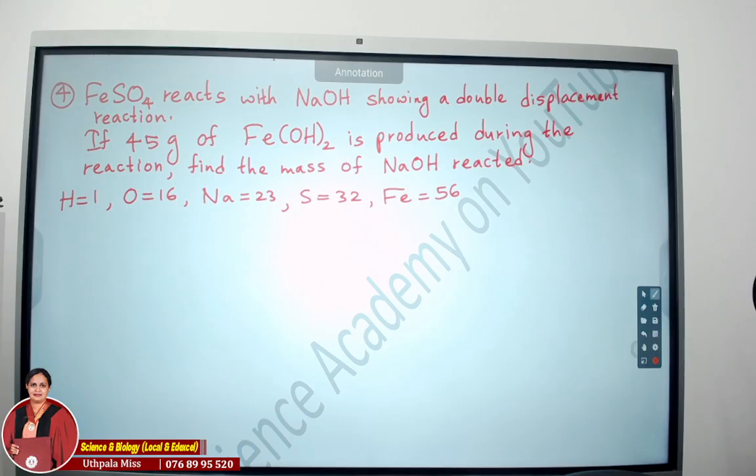Then Tisali says 20 grams. Ranu says 24 grams. Vihansa says 22 grams. Induni says 40 grams. Sesandi 40 grams.